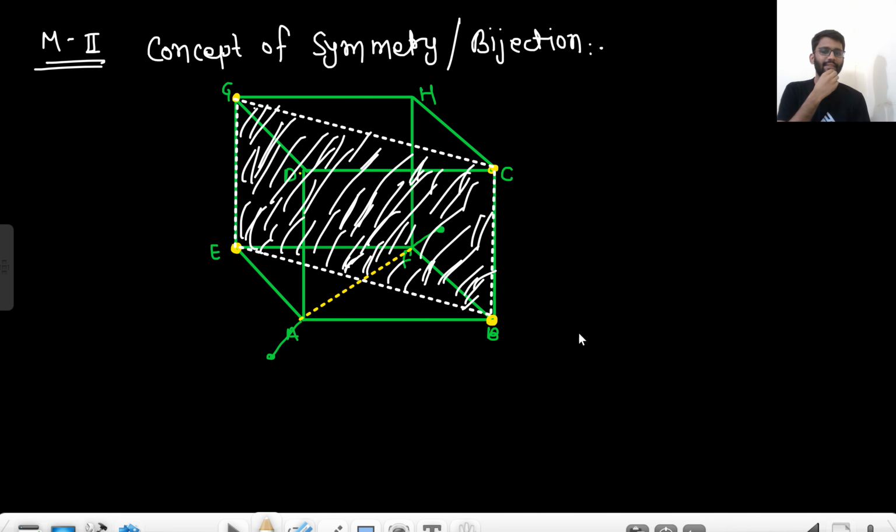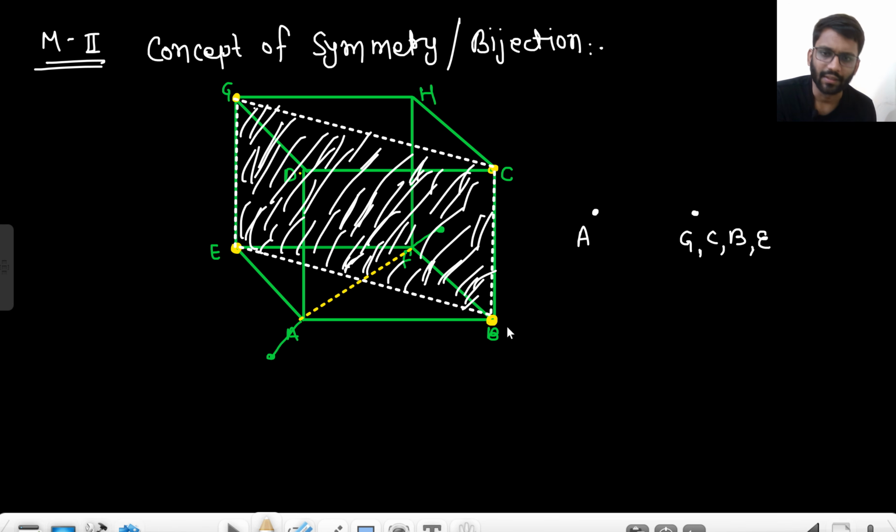You get it? So we have a point A, then you are cutting it in between like this. So all these points G, C, D and B will come at one point. G, C, B and E.